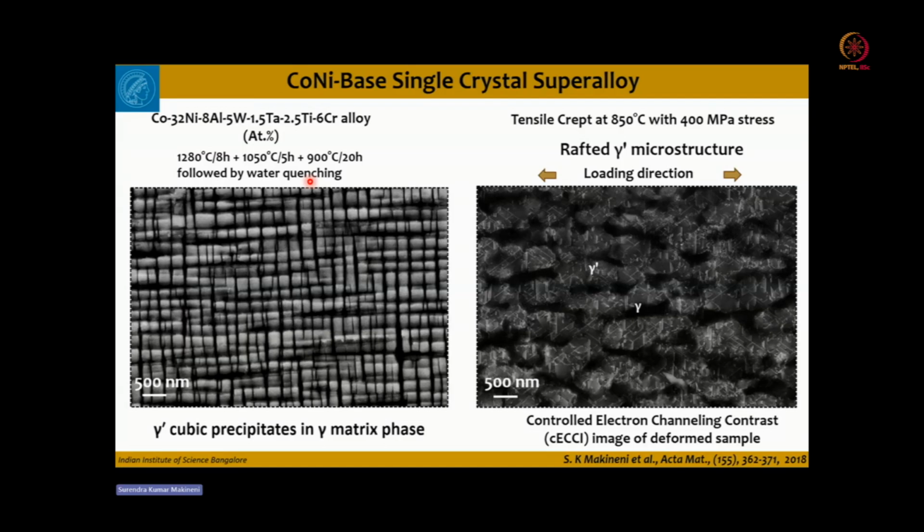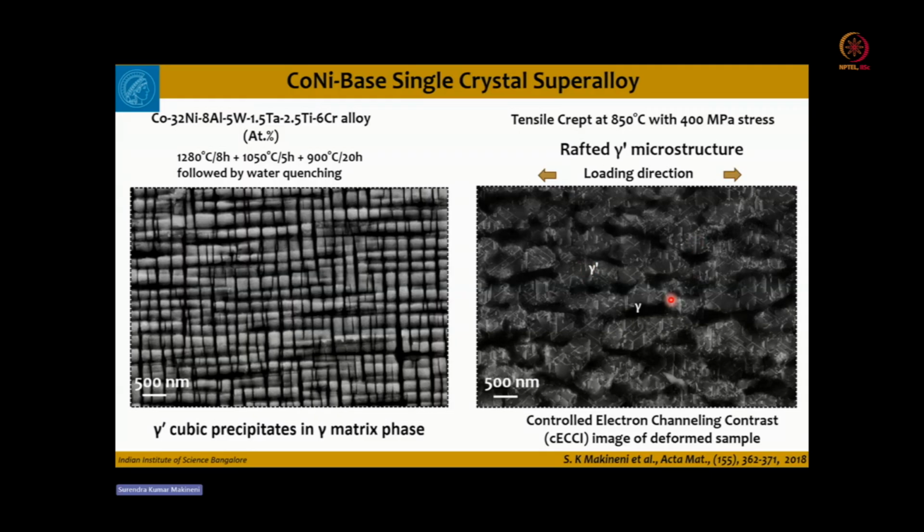So the gamma prime precipitates in the sample get rafted along a particular direction. These are positive misfit alloys, where the gamma prime has a positive lattice misfit. So if your loading direction is in this direction, your rafting also takes place in the same direction.